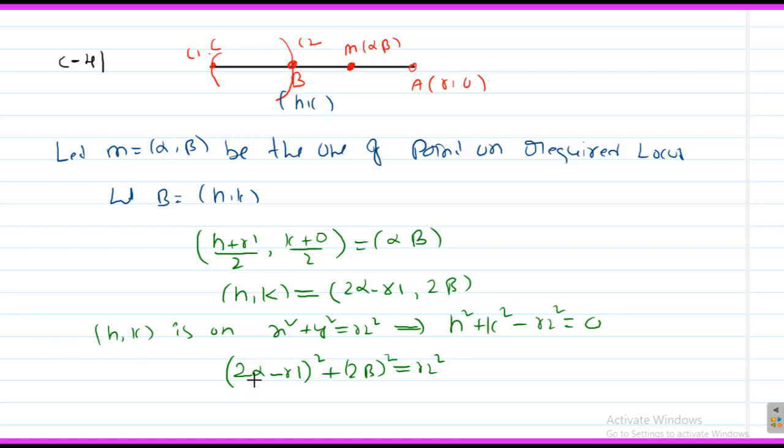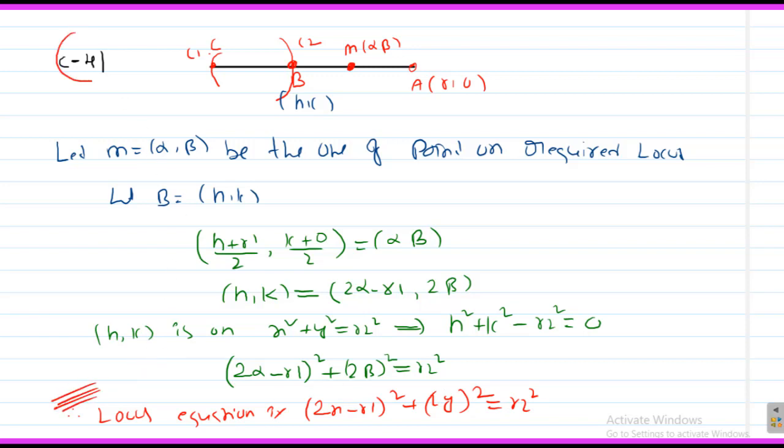Now I want to generalize: instead of alpha I write x, instead of beta I write y. Therefore the locus equation is 2x minus R1 whole square plus 2y whole square equal to R2 square. This is the locus equation of midpoint of AB, problem number 41. Now I want to cross check.